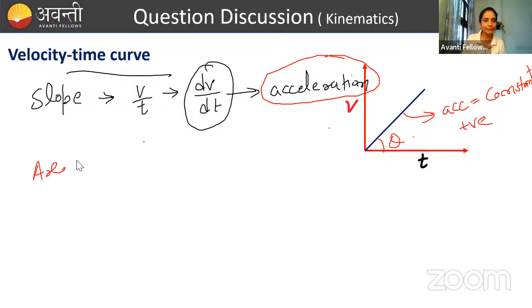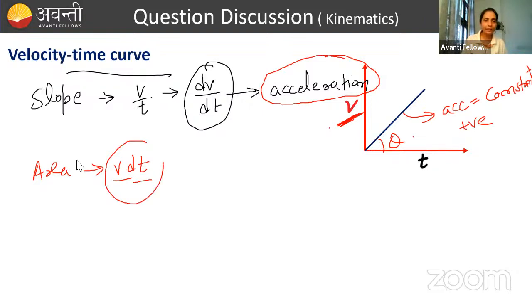Now let's see if its area is significant or not. The area we will write as v dt, since area is y dx. Along the y axis is v and along the x axis is time, so you will write here v dt. This is the area. Now let's see if it is significant. Yes, it is significant, because velocity into change in time will give us change in displacement.